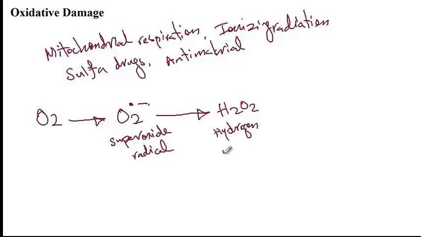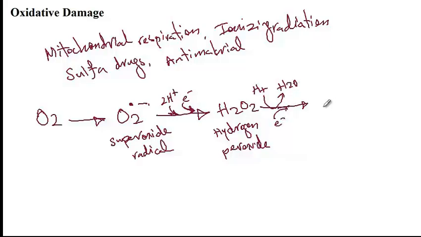This of course requires 2 H+ and an electron to enter the pathway. Now H2O2 can then, via H+ going in and losing an H2O and an electron entering, be converted into the hydroxyl radical, which is extremely toxic.